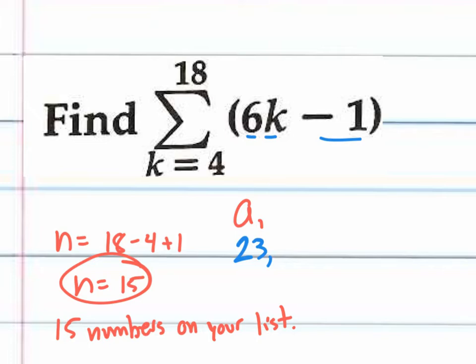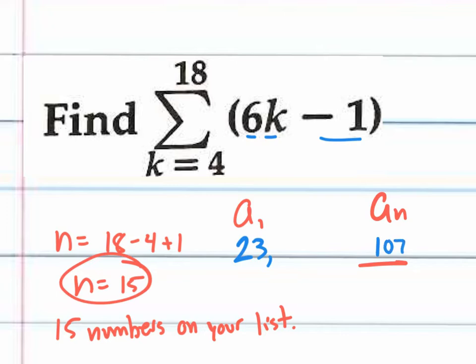I know I'm asking if it makes sense; it's like if you could talk to me right now through the computer. All right, so my a sub n, my last number on this list, will be plugging in 18 right into here. So 18 times 6 is 108, take away 1, you'd get 107.